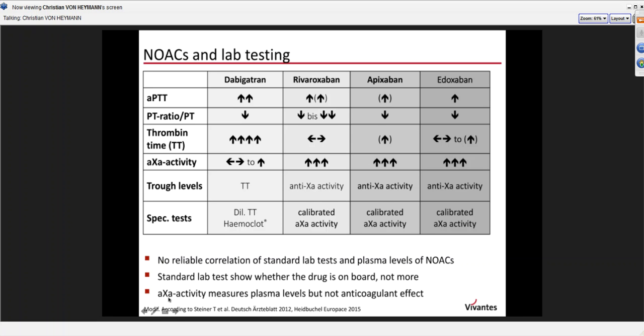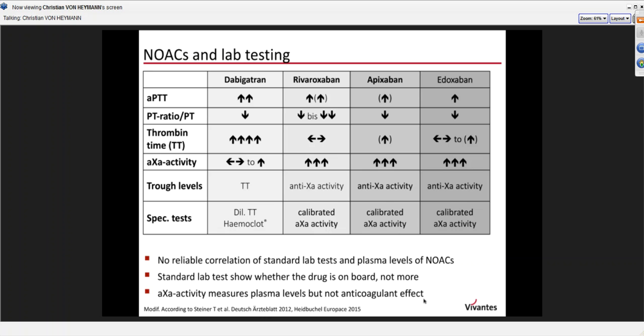And for the 10A inhibitors, the anti-factor Xa activity measures plasma levels, but unfortunately they just say if the drug level is prophylactic or therapeutic or below prophylactic, but it does not correlate very well with the anticoagulant effect or even with the risk of bleeding. So we are still waiting for some tests to properly and reliably show a good correlation between NOAC plasma levels and the results of the lab testing.